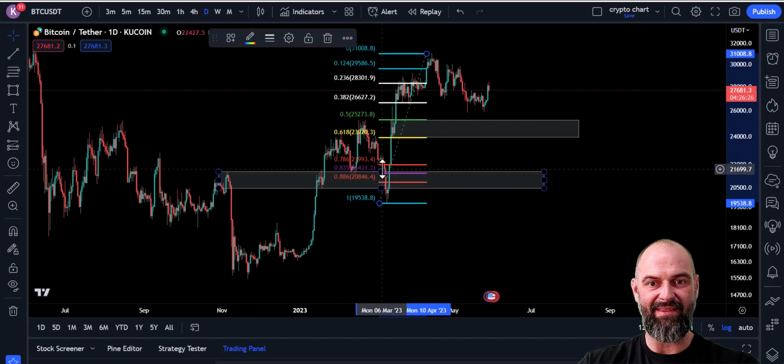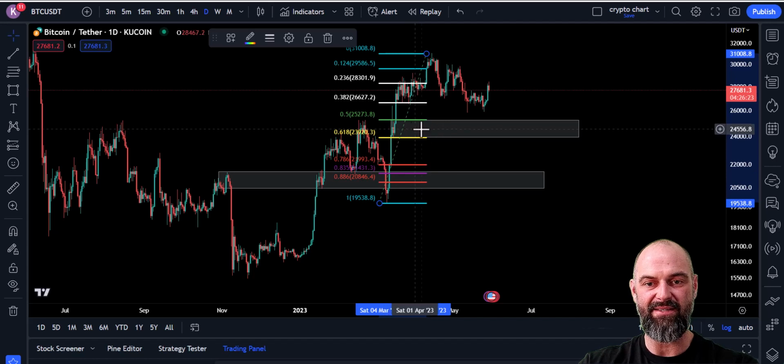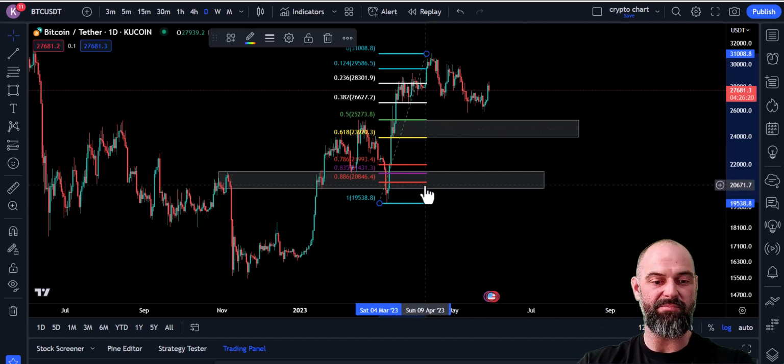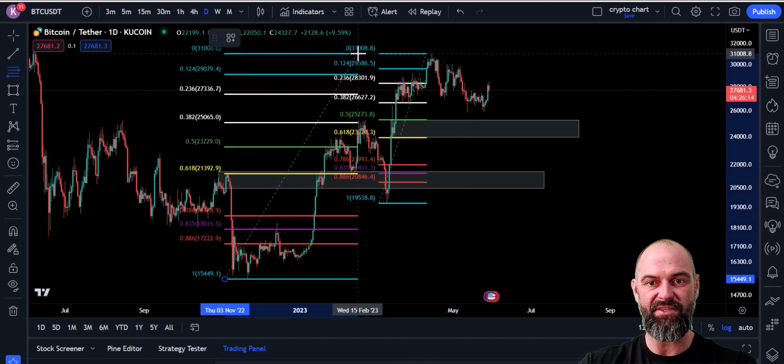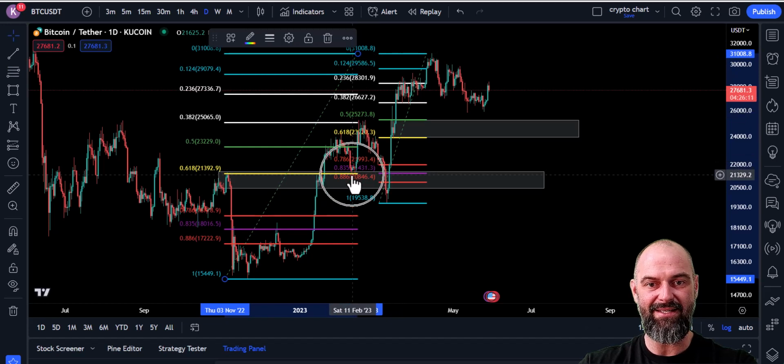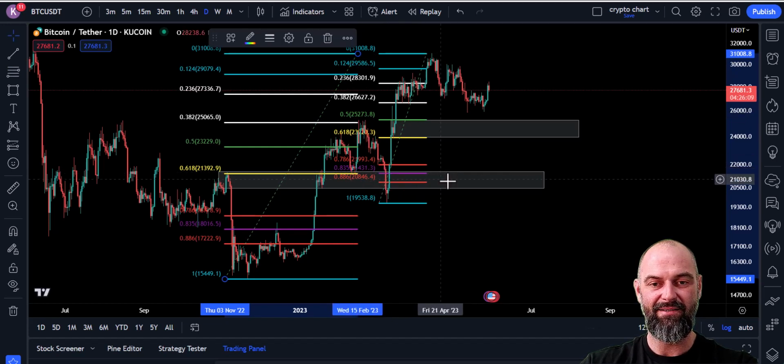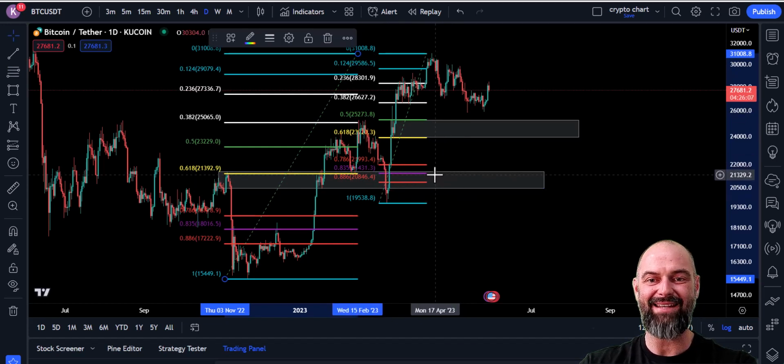Look how perfect that rally base rally is in the 50% 618. And our 80% sits on this zone, which just so happens to confluence from this pull, a 60% pullback within a 786, 886.